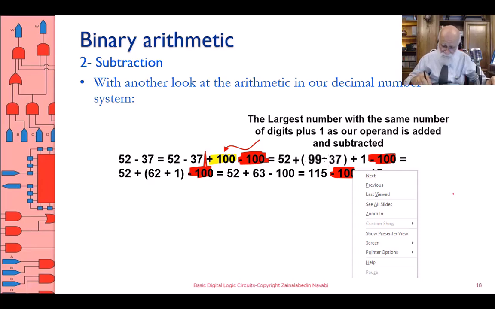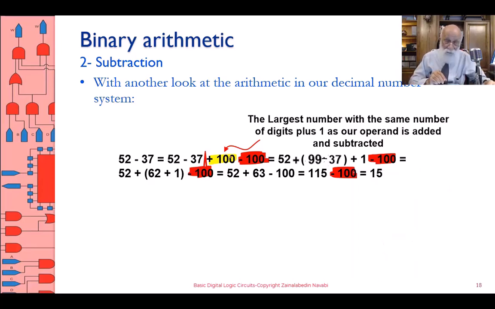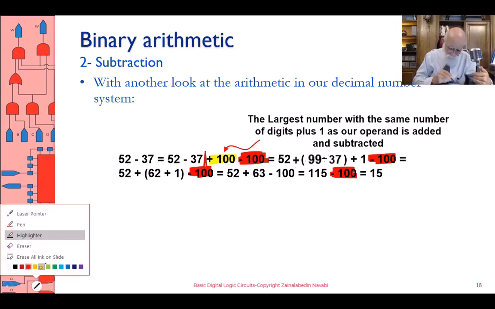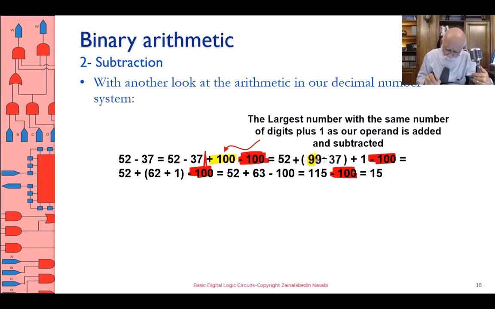Okay? So let's look at this. I turn the plus 100 to 99 plus 1. I take 37 and perform 99 minus 37 and then plus 1.